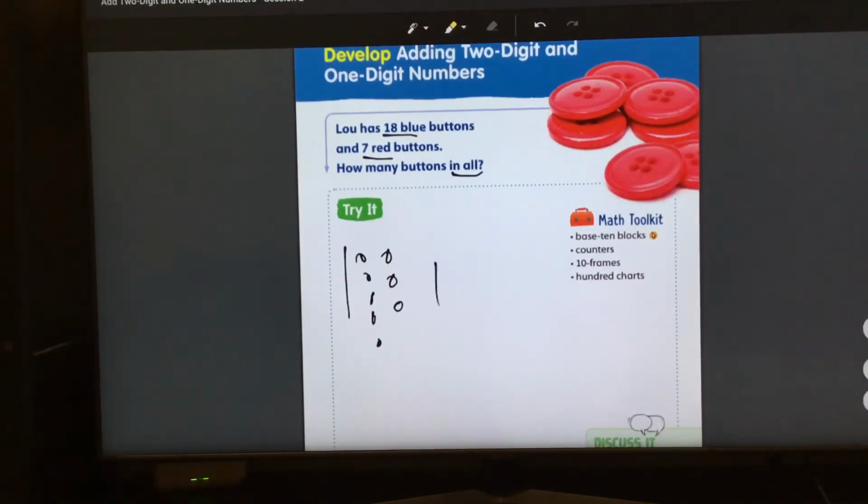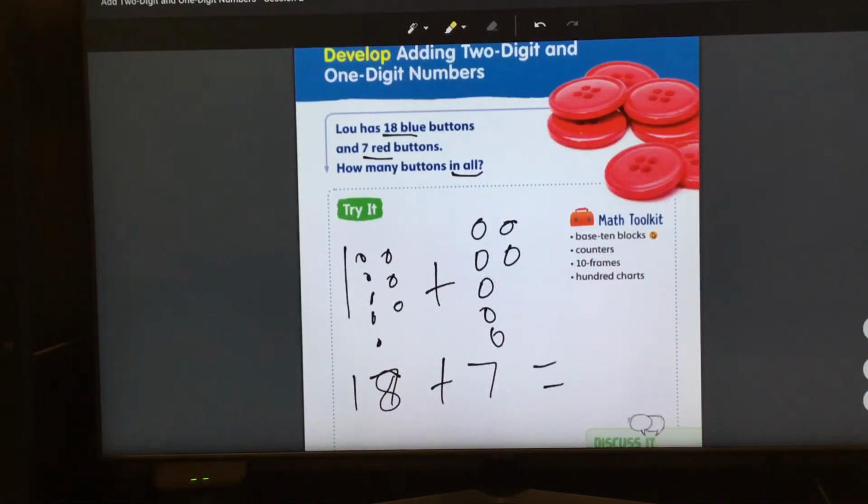Plus 7. 7 is a single digit number that goes back to what we learned yesterday. 1, 2, 3, 4, 5, 6, 7. Okay, so I have 17 plus, oops, I did that wrong. It's 18 plus 7. Okay, so now I'm going to go count to see what that equals. Okay, I only have 1 ten here.